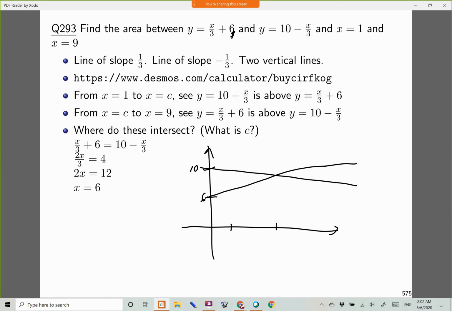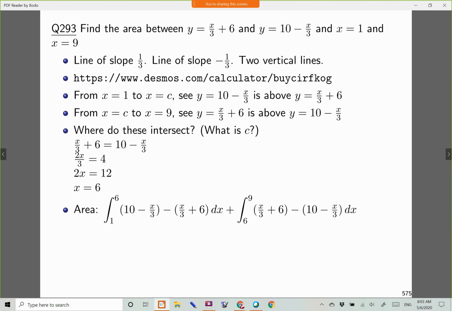I would just put in this intersection, because that's a thing we know here. The place where the two lines cross each other is at x equals 6, and to the left of 6 is 1, to the right of 6 is 9. That region and that region. I'll draw those lines solid, but the point is there's two regions. To me this would be the process of sketching and seeing what's going on without the use of the tool, and this tells us all the things we want.